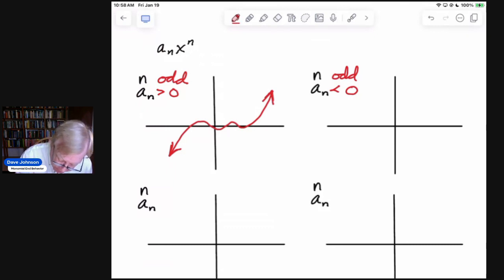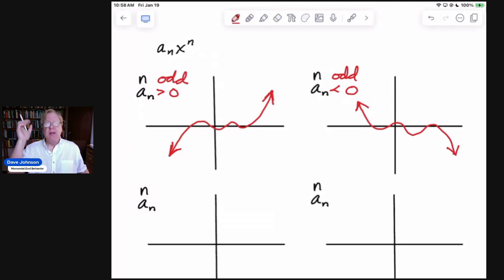So in general, the graph is going to look something like maybe this. It's going to start high and end low. So odd degree polynomials start low and go to high values, or they start high and end low. That's the end behavior.